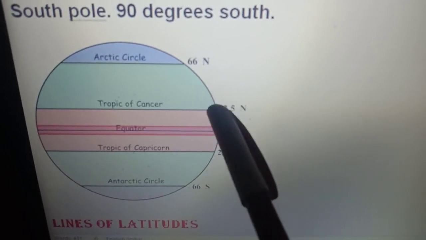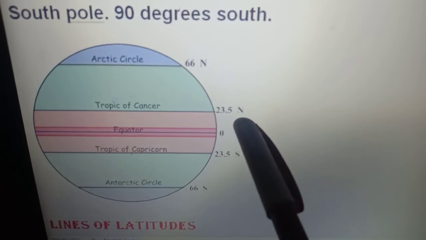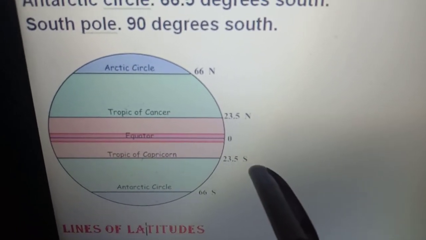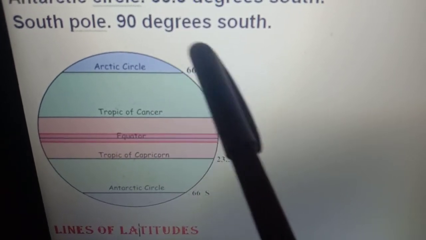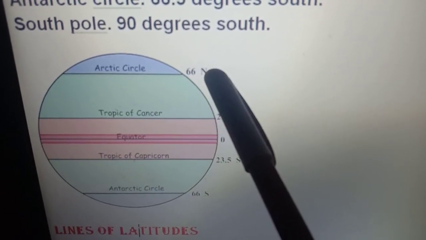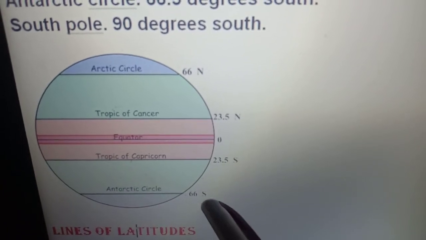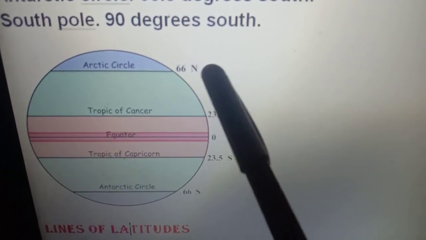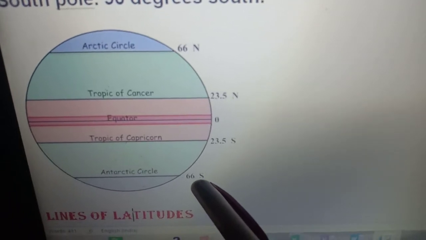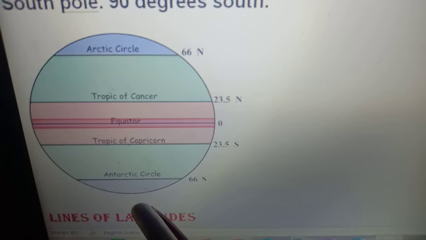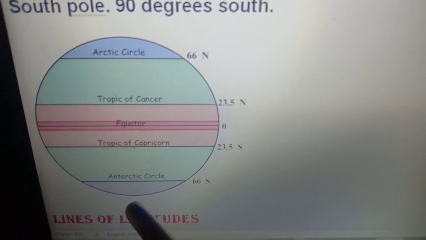Tropic of Cancer is at 23.5 degree north. Tropic of Capricorn is 23.5 degree south. Arctic Circle is 66.5 degree north and Antarctic Circle is 66.5 degree south. Then we have 90 degree north and 90 degree south at the North and South Pole.